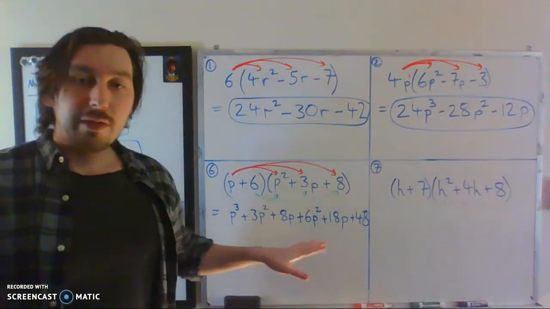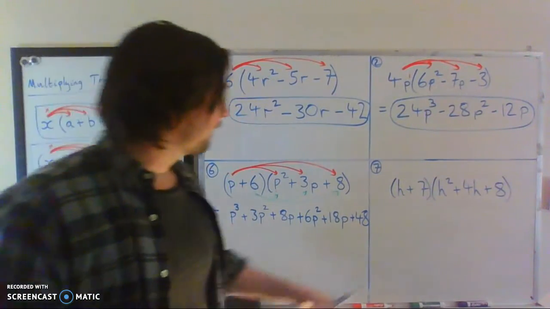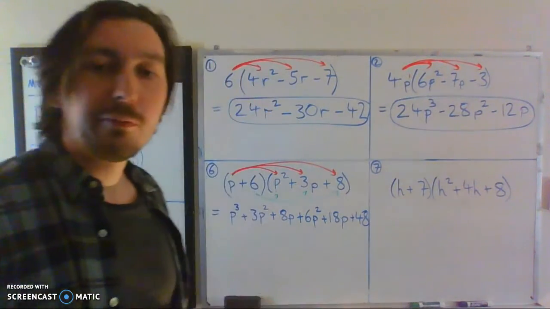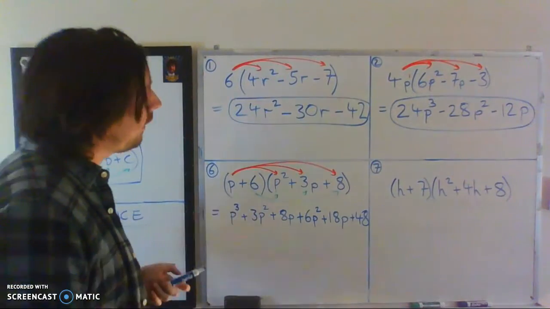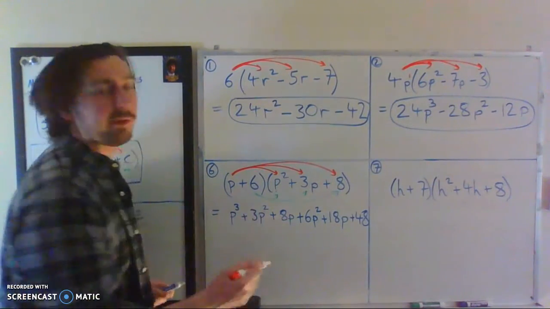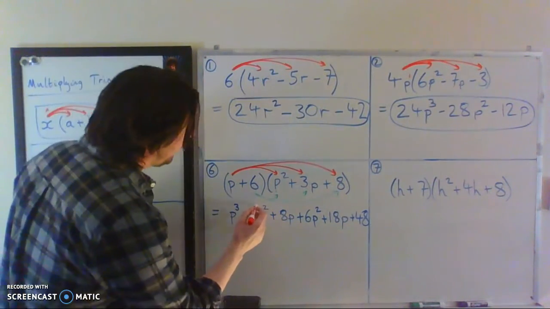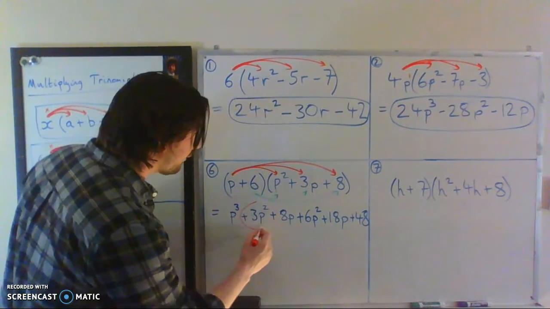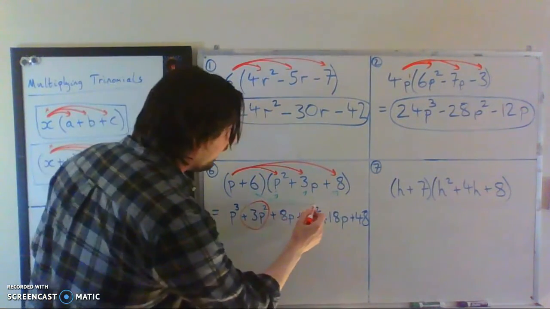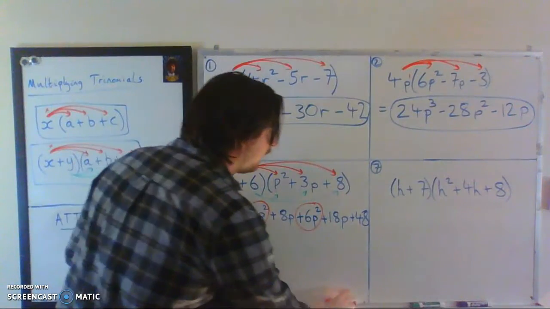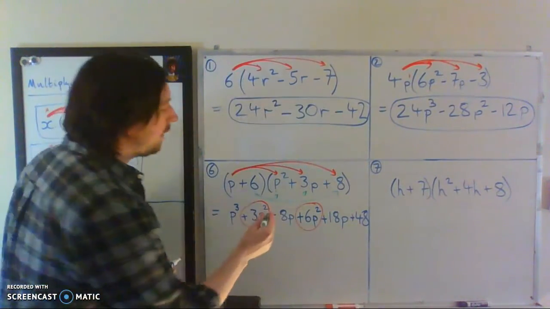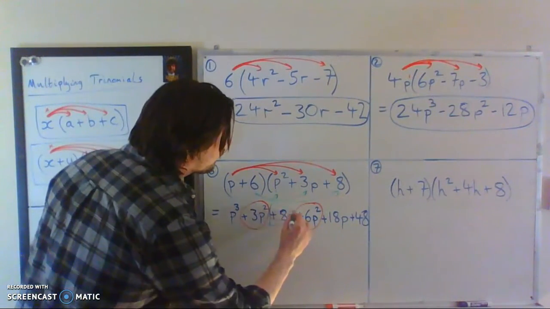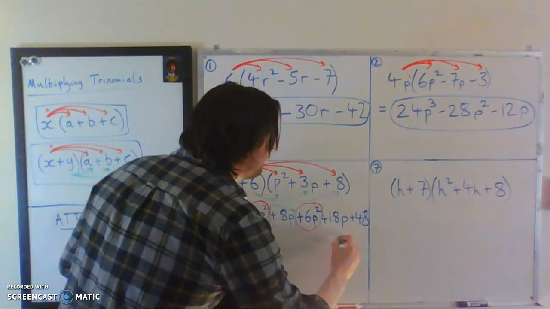That's great. If you can do that, that's the most important thing. Then, just for bonus marks, see if you can clean it up. So I'll give you bonus marks for doing this in case you get anything else wrong. Just see if there's anything that goes together. So I can see that there's a 3p squared and a 6p squared. I can also see an 8p and an 18p.